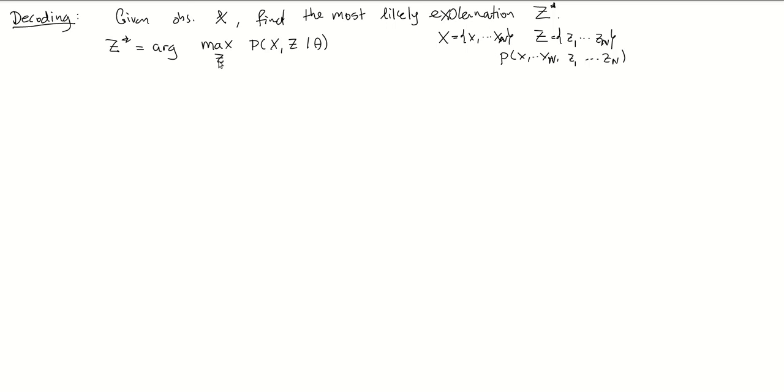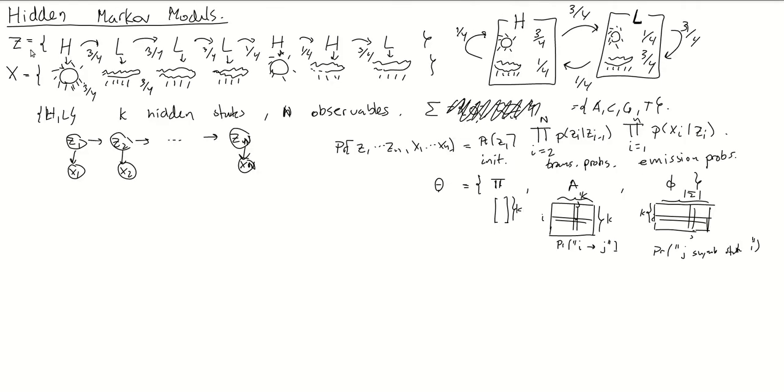So let's consider how many possible Z's there are. In the example we had, this would be Z1, Z2, Z3, Z4, Z5, Z6, and Z7. In each of them, I could choose high pressure or low pressure, so I have two choices for each.